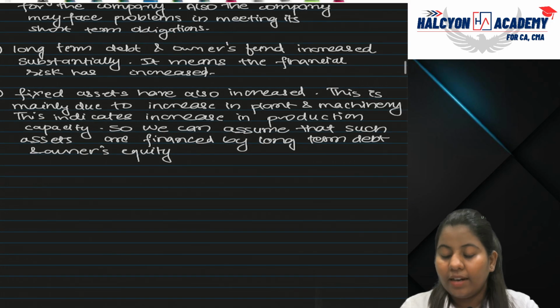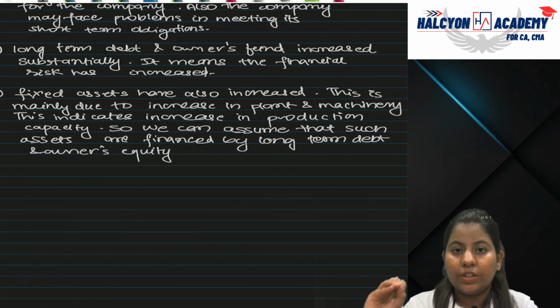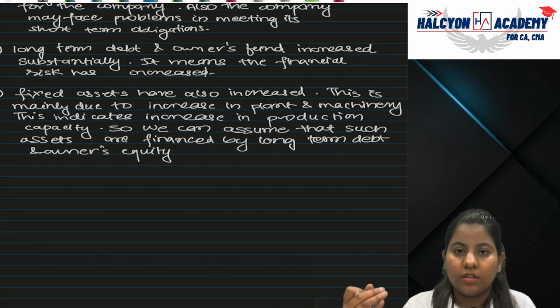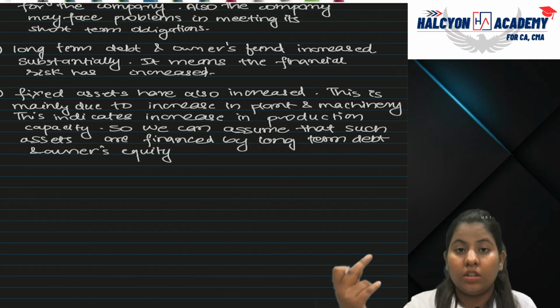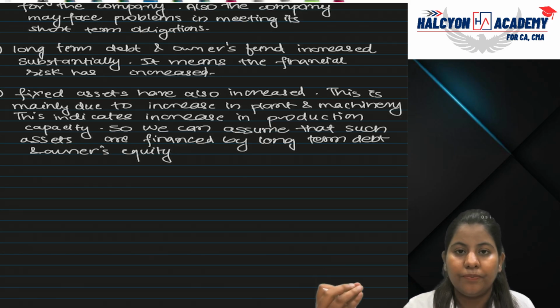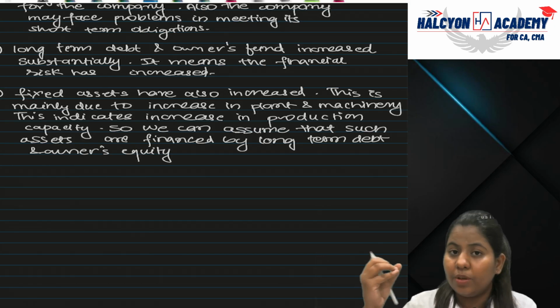When we see that there is increase in long term debt and owner's equity, we thought that there is financial risk. Obviously there is, but if they have increased the production capacity by buying the plant and machinery, so there will be less risk because there will be growth opportunities. Growth opportunities will be there, right?